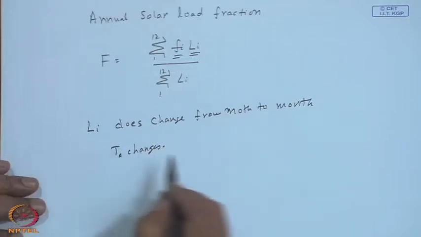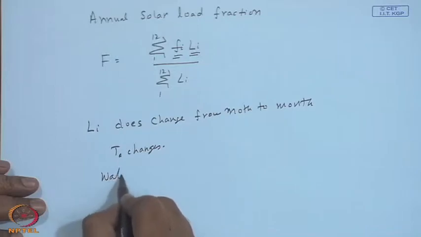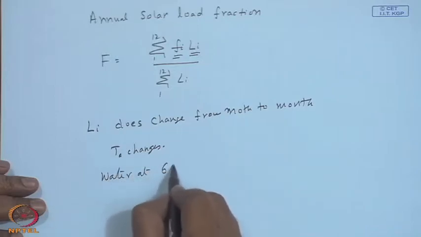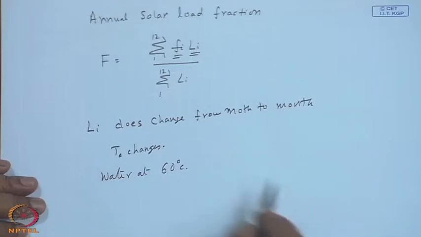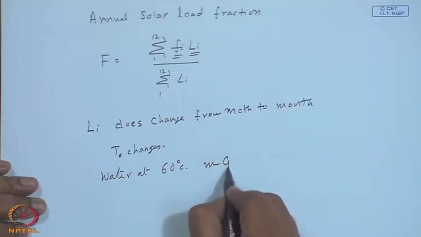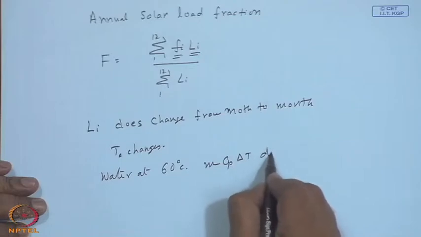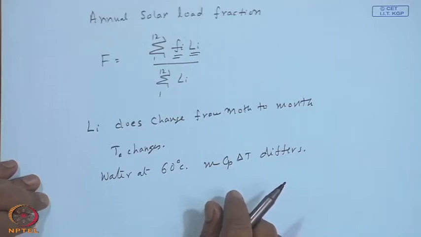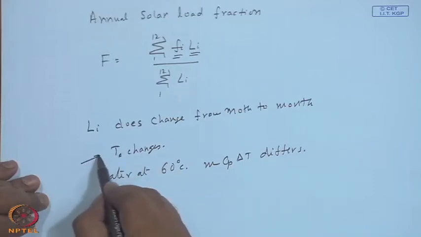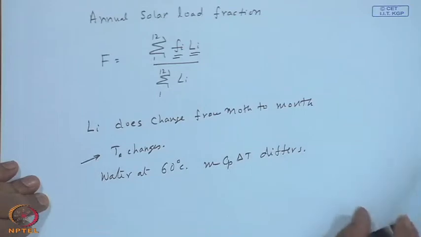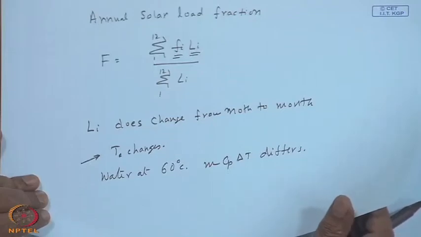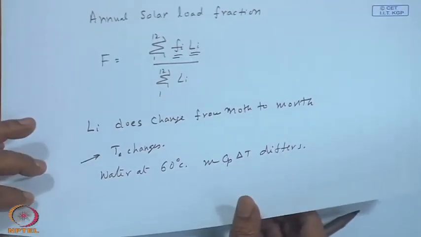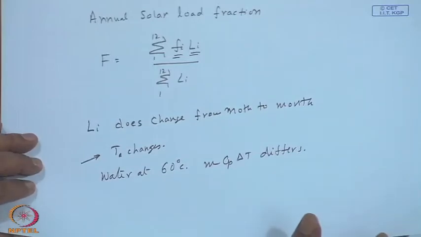So, consequently, if you want water at 60, my energy m C p delta T differs, because my T a is changing, because I am assuming for the time being that I am drawing the water from the open atmosphere, which is effectively at a temperature T a. So, L i changes considerably, even in India, where the weather variation is not that extreme.